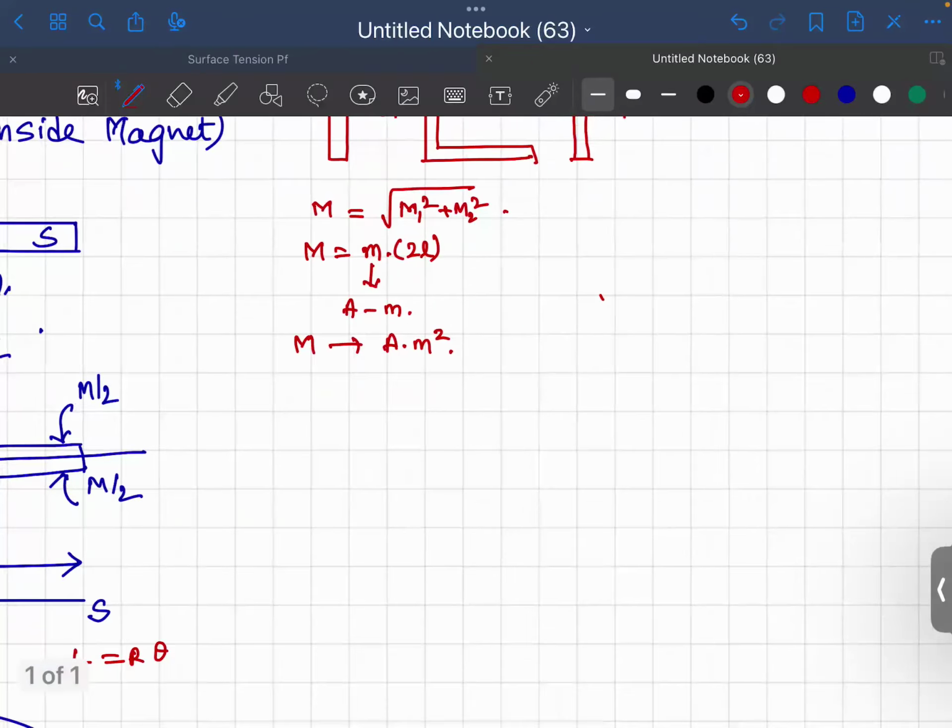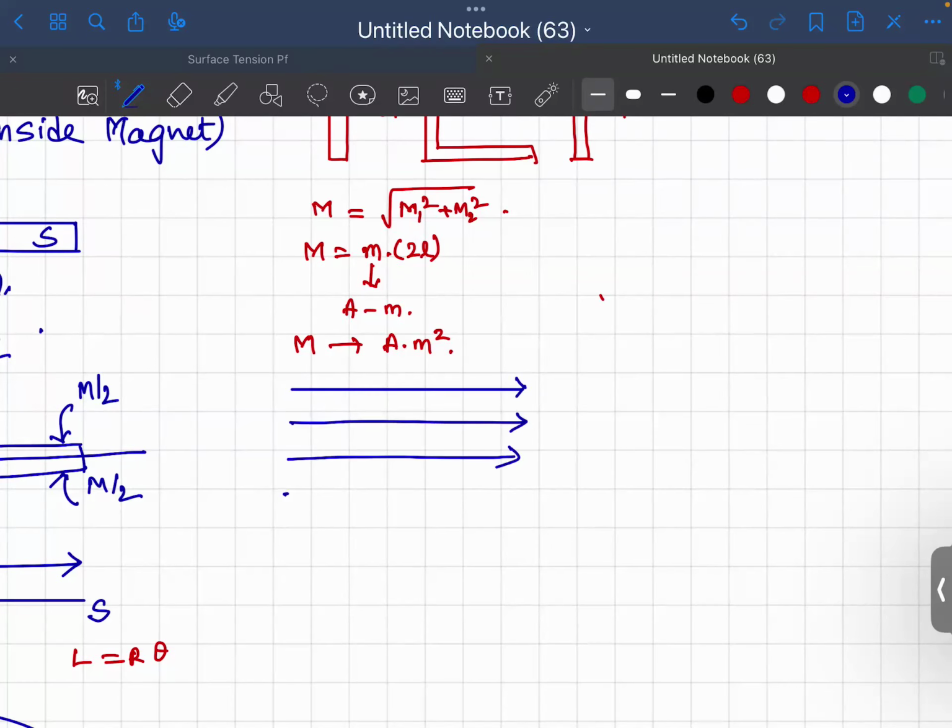So, basic idea. You already know what happens when you place such a magnet in a uniform magnetic field like this. This is a region of uniform magnetic field.